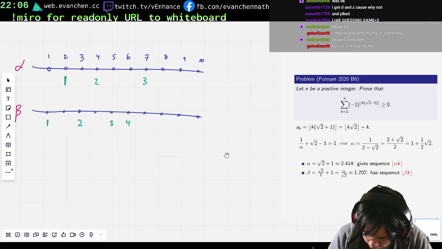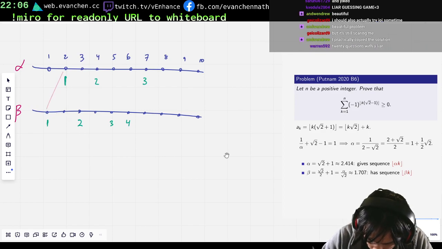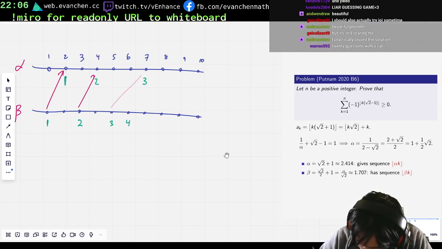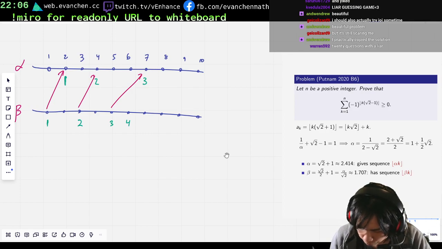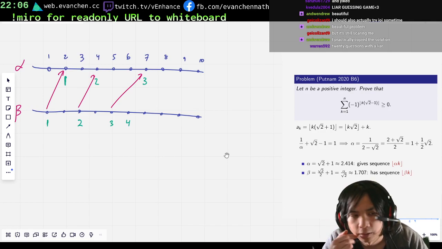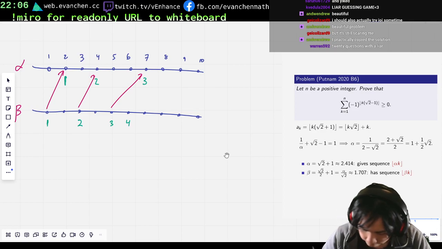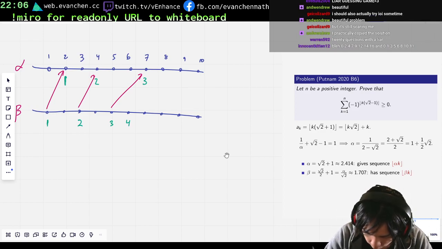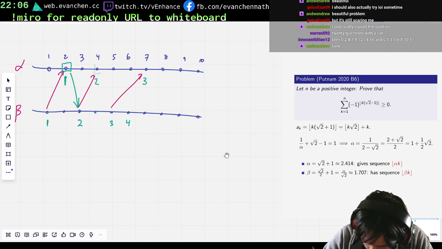And I want to see if these are related by a factor of root 2. So it should amplify by root 2, whatever that means. But if I take every even number here, like if I have a 2 here, I can draw an arrow like this.